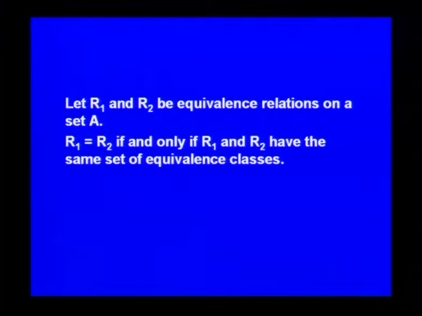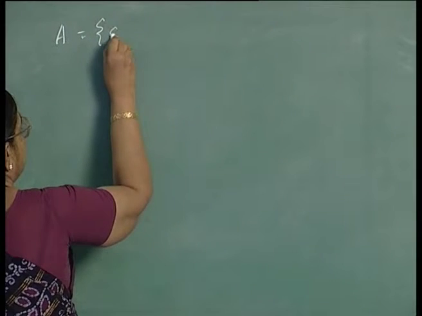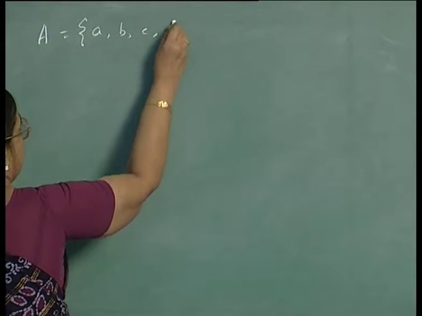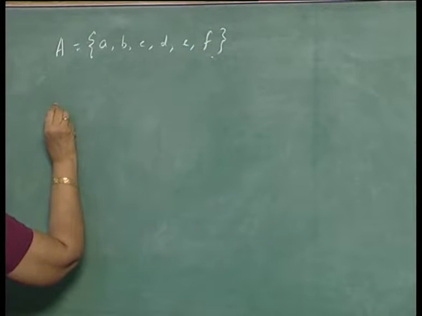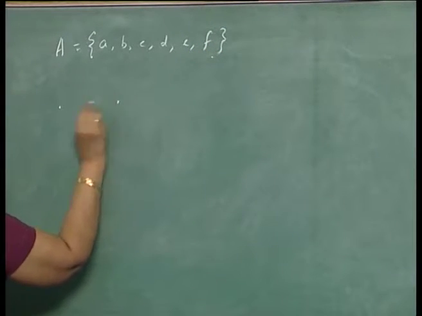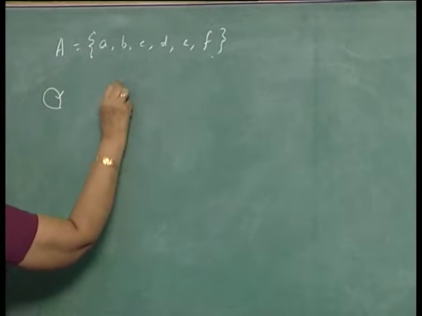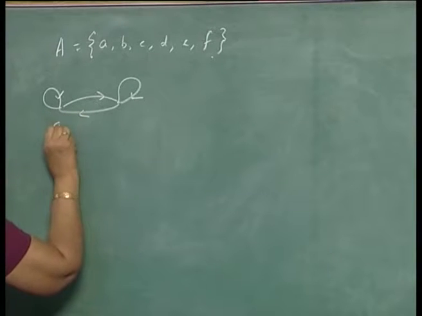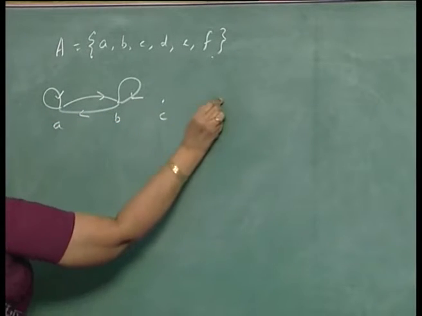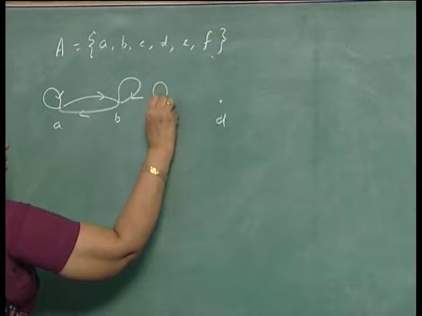Suppose I have a set A consisting of a, b, c, d, e, f. Then I have an equivalence relation on this. An equivalence relation is represented by complete digraphs.